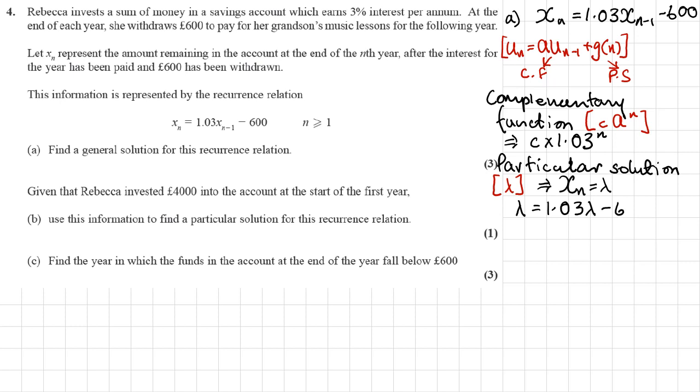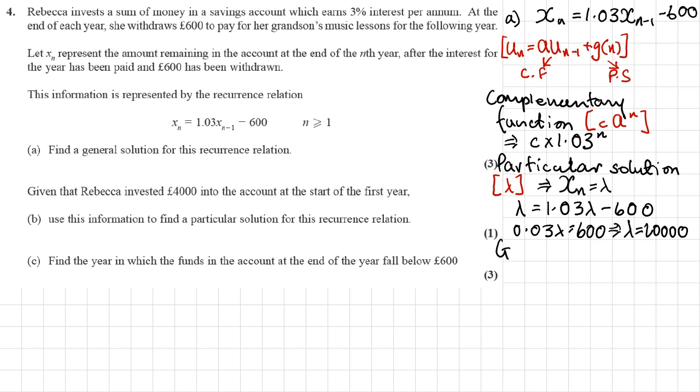That will give us 0.03 lambda is equal to 600. If we divide both sides by 0.03, we get lambda is equal to 20,000.